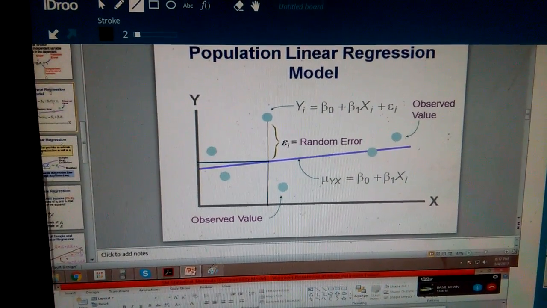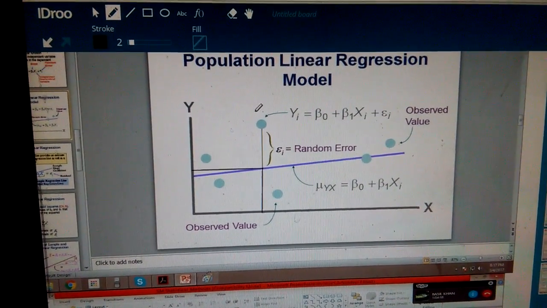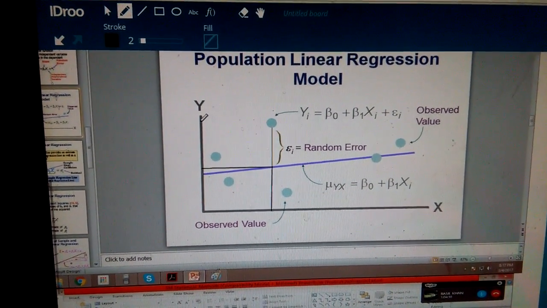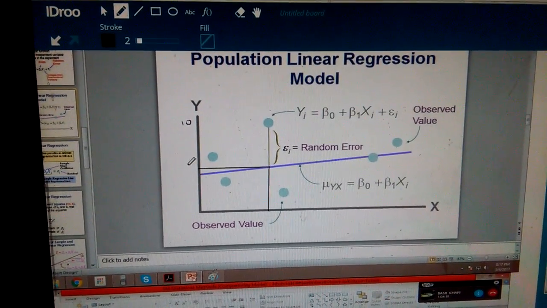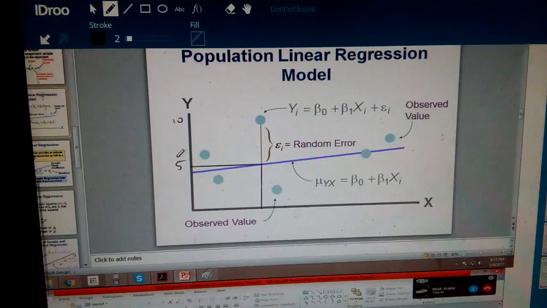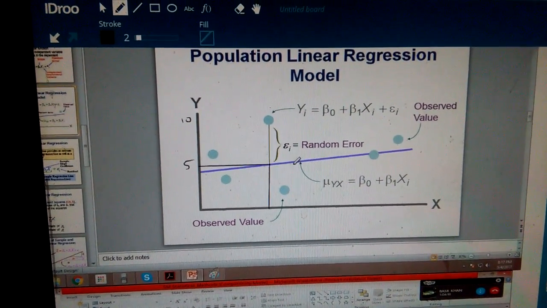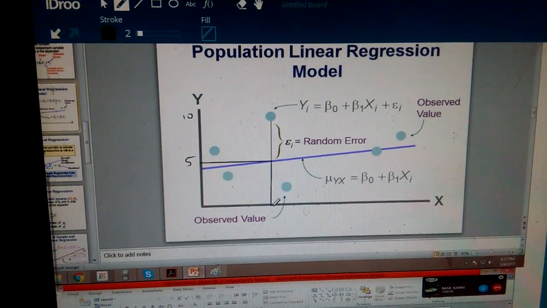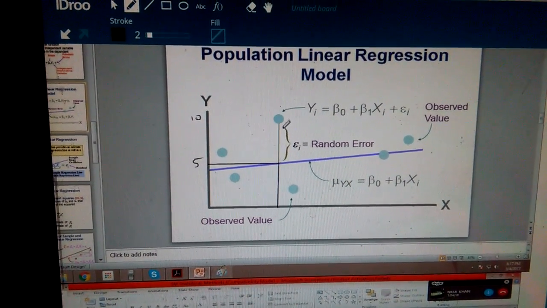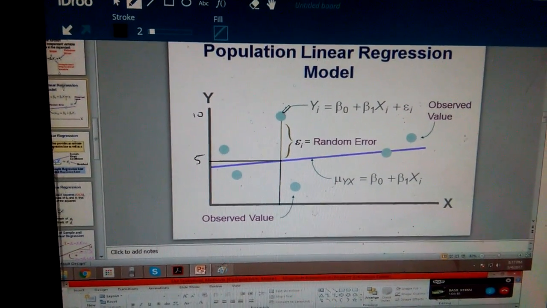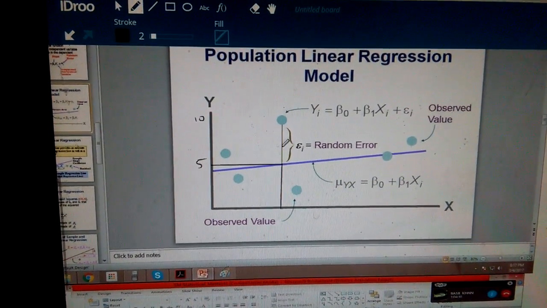Like over here, if this point represents the value 10, this represents the value 5. So this 5 is the estimated value that you have obtained from the best fit line on the basis of the same independent variable x, and the observed or actual value you obtain from the set of data is the y value 10 corresponding to the same x.